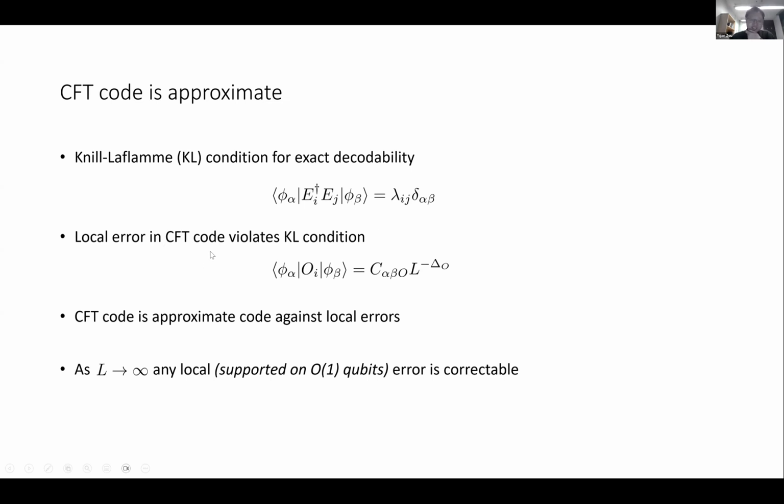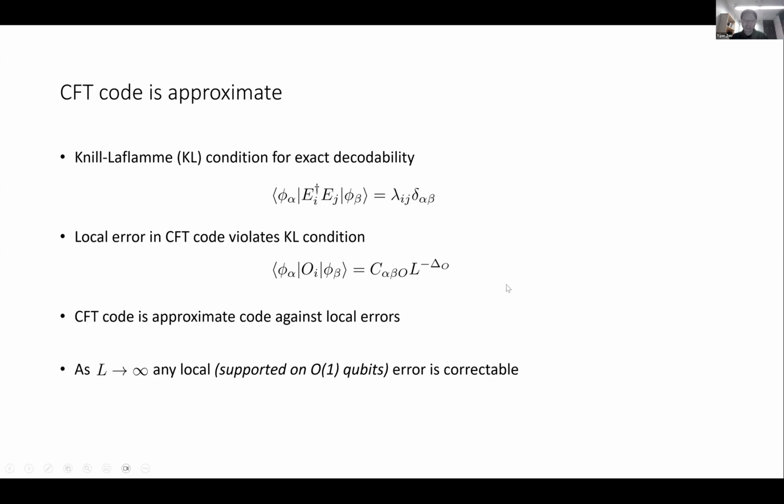But if you look at CFTs, then just one error will already violate this condition. You take E_i to be identity, which is no error, and you take E_j to be some operator on the i side, let's say. That gives you an O_i, which represents the error operator. And if you look at this matrix element, in general for CFTs, there's something called the OPE coefficient, and then there's the system size to the power of the scaling dimension.